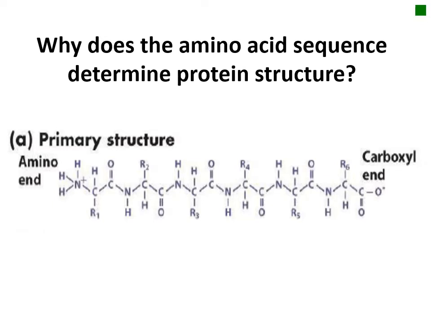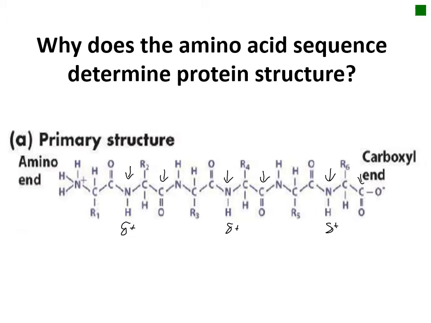Notice that the amino groups contain a nitrogen-hydrogen bond. Nitrogen is much more electronegative than hydrogen is, thus this is a polar bond, leaving hydrogen with a partial positive charge. The carboxyl group contains a carbon double bonded to an oxygen.